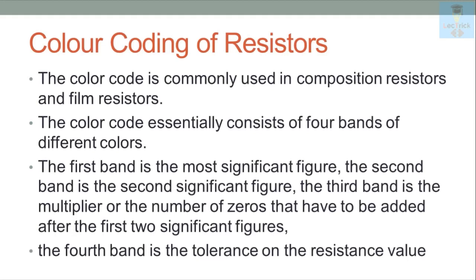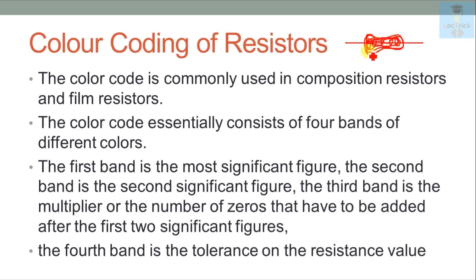Next, move on to the color coding of resistors. This is the main part of the resistor, because whenever you are using it in an electronic circuit you will find resistors with different colors. For example, this is a resistor. There is no polarity in the resistor; in the case of a capacitor, polarity will be there.